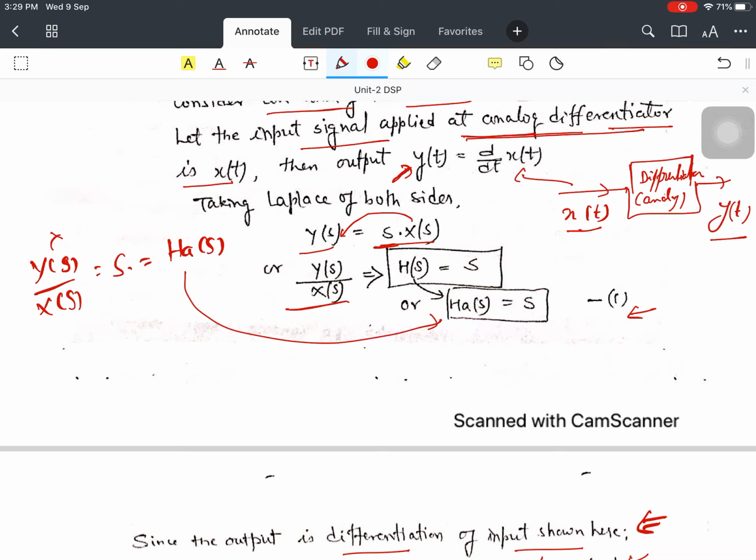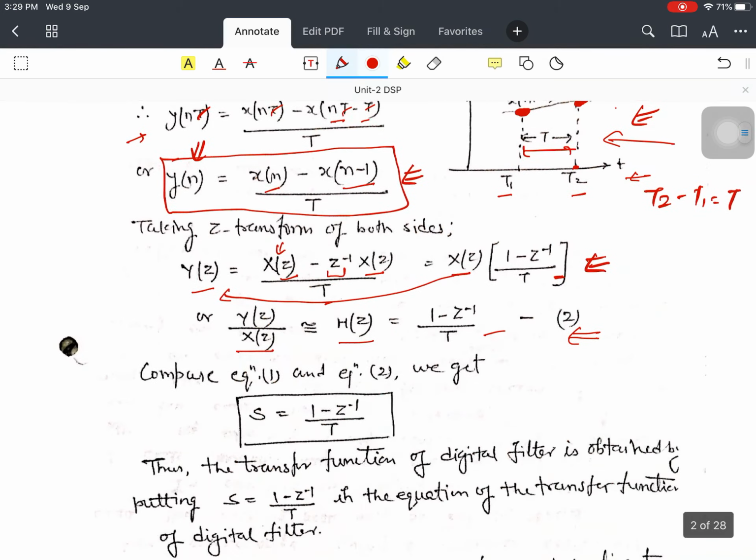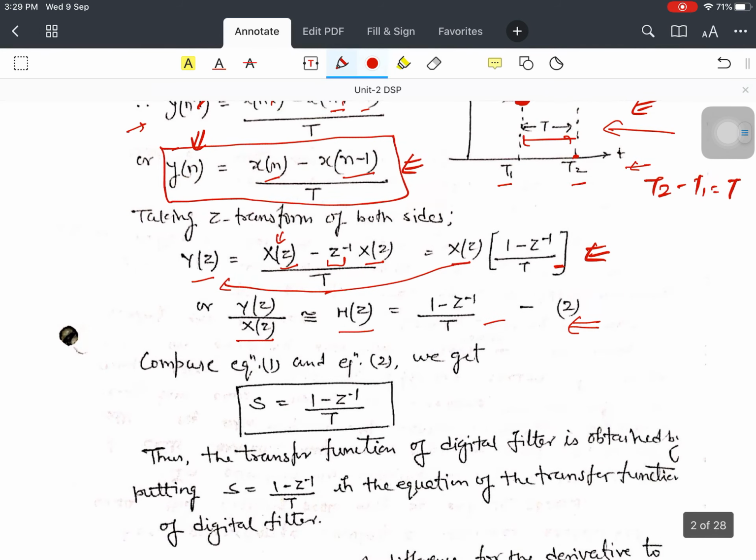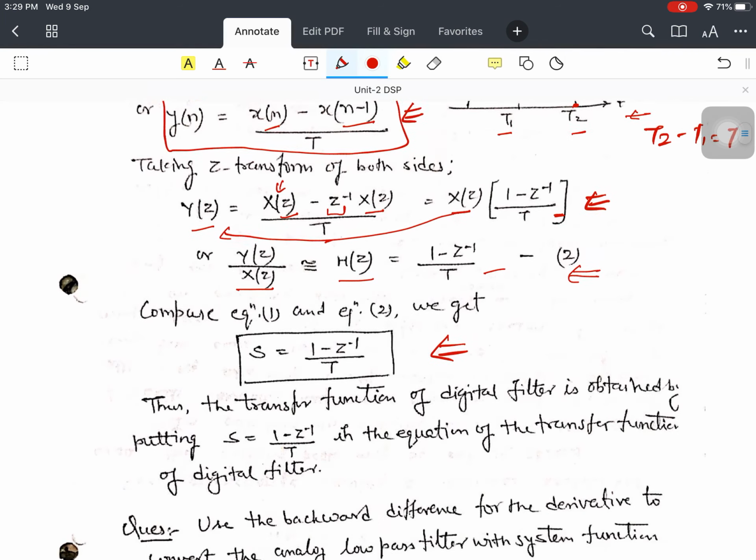So when you are going to convert this analog filter into digital filter, from equation 1 and 2 you will find out this equation: s equal to 1 minus z inverse by T.